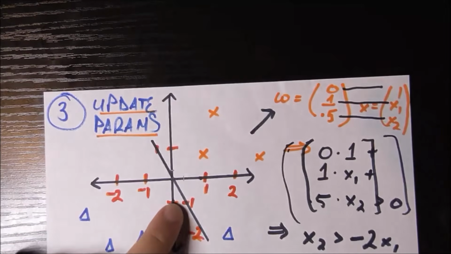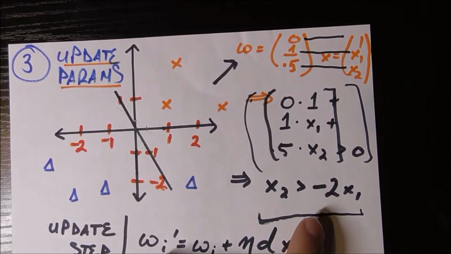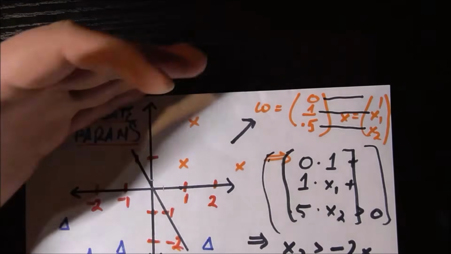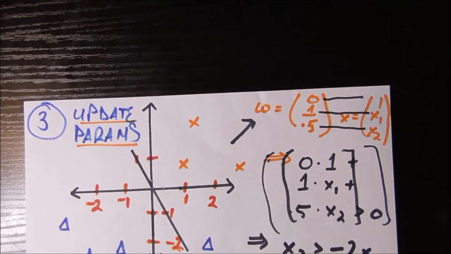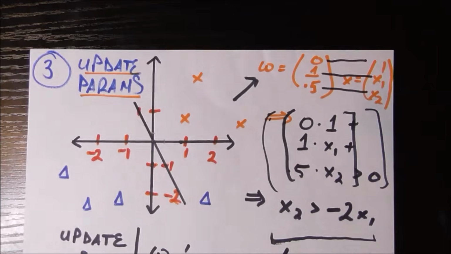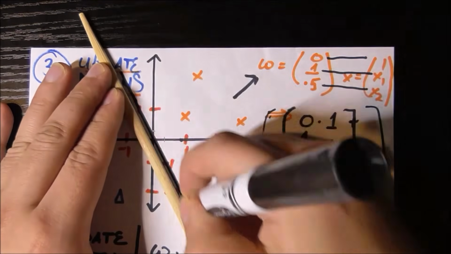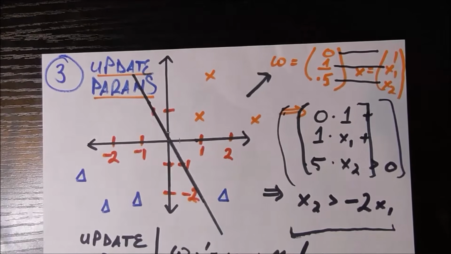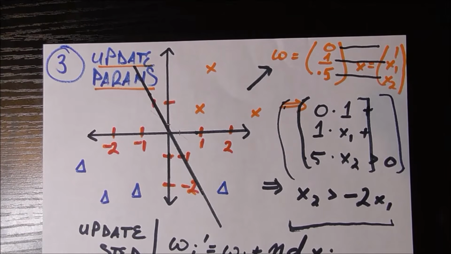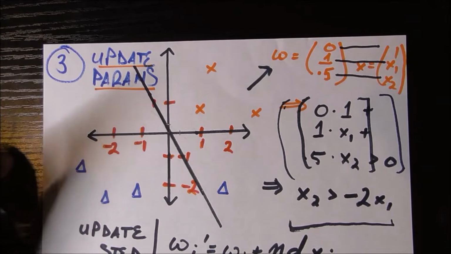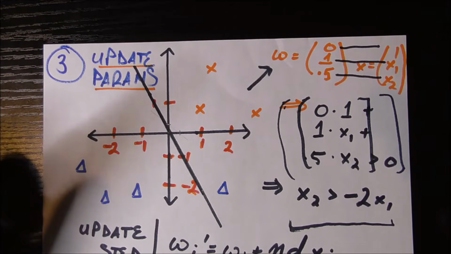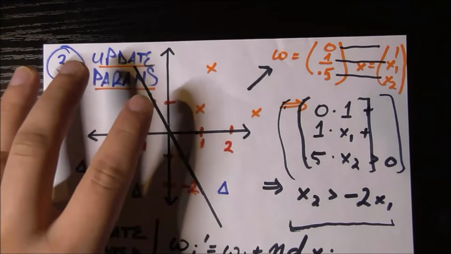So this black line I've drawn right here is x2 equals negative 2x1. So anything above that black line will be categorized as an x, and anything below that black line will be categorized as a triangle. Let me just draw a little bit more of that line so it's clear. So we see that that's how Perceptron works. That's how we take the omega vector that Perceptron requires and translate that into a line in the plane.